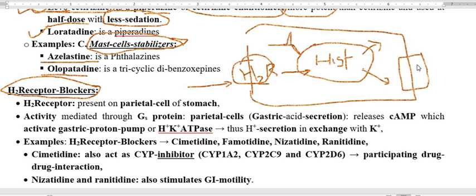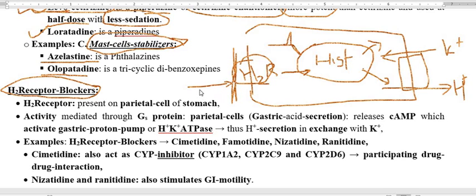We are calling it the proton pump, the hydrogen ion, potassium ion ATPase, and therefore it is going to release the hydrogen ion, and that hydrogen ion is going to combine with chloride to form HCl. So this HCl gets raised. The H2 receptor blocker is going to occupy this receptor.